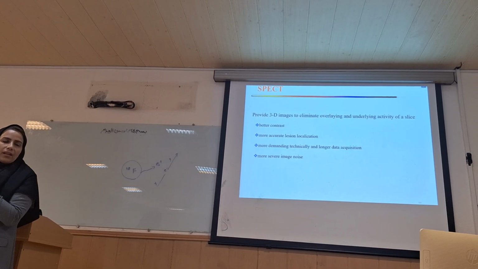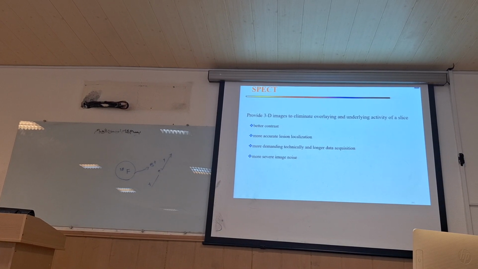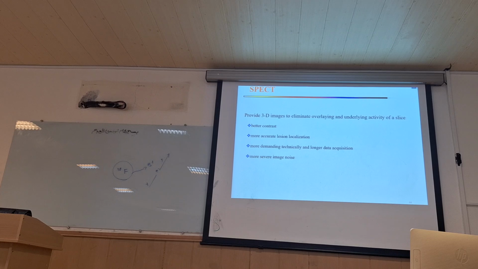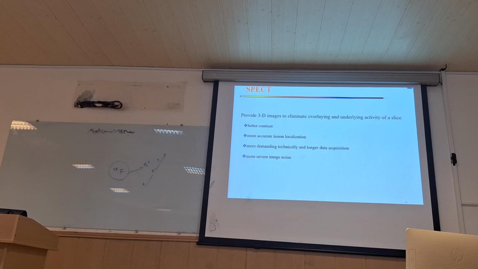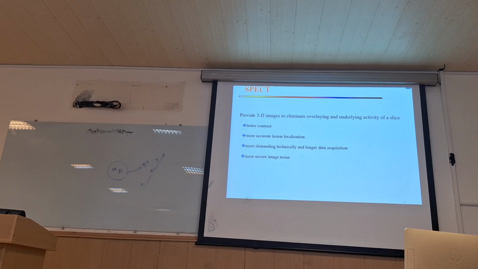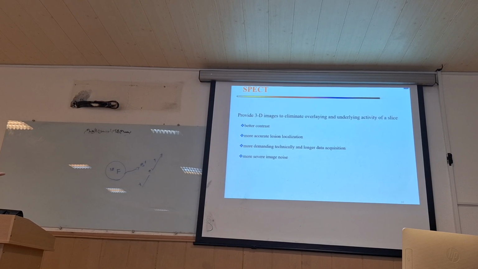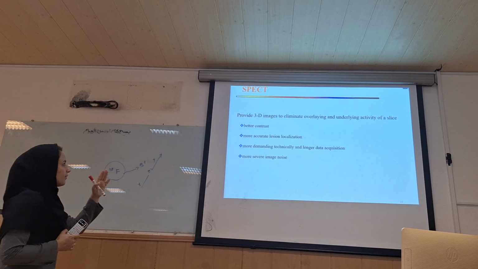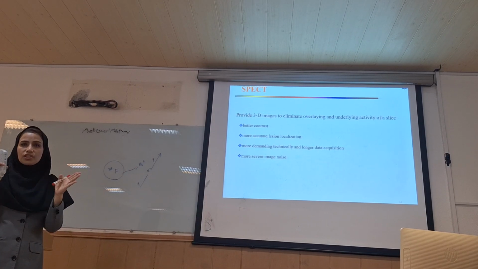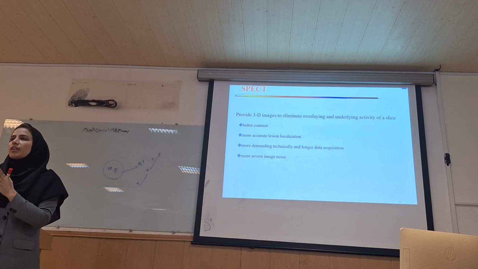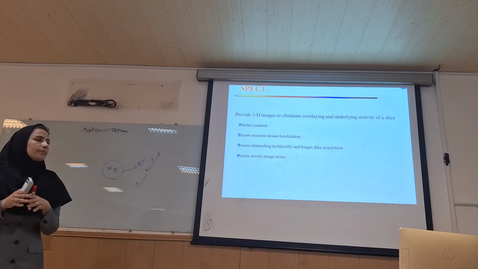Like planar imaging in radiology, we have 2D imaging where all of the targets are superimposed, and I can see the detail of the organs and lesions. But in SPECT imaging in nuclear medicine, we have better contrast, better spatial resolution, and no superimposition of organs and images. Yeah?